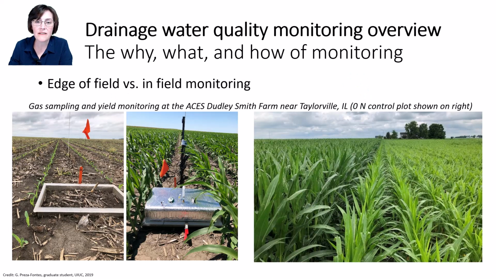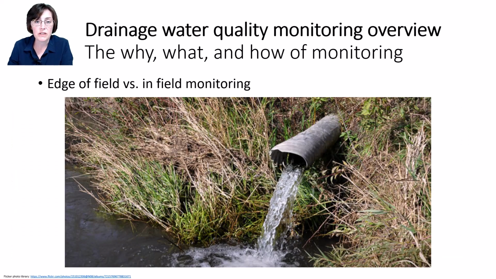For agronomists and environmental scientists and soil scientists, in-field monitoring would include soil sampling, gas sampling, biomass sampling, yield monitoring, and other things. For researchers focused on water, edge-of-field sampling is an assessment of water that is leaving the field.